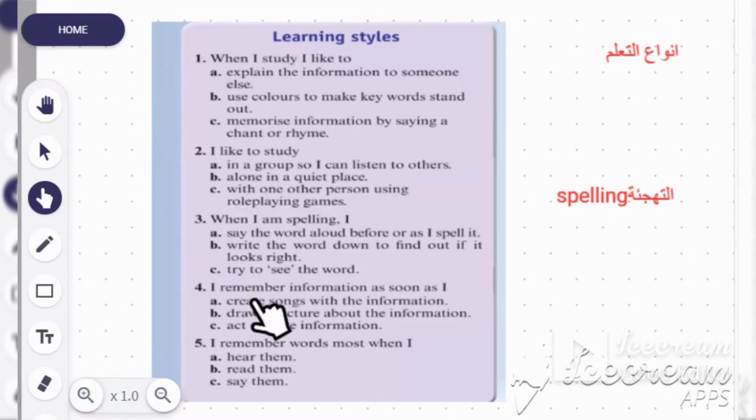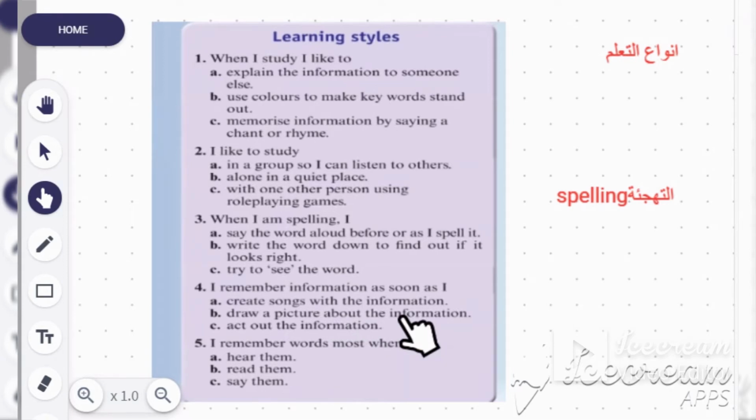4. I remember the information. The best way to remember the information is to create songs. Create, يعني نعملها لحن, or a song, أغنية, with the information. Draw a picture about the information. Maybe you can remember by drawing.